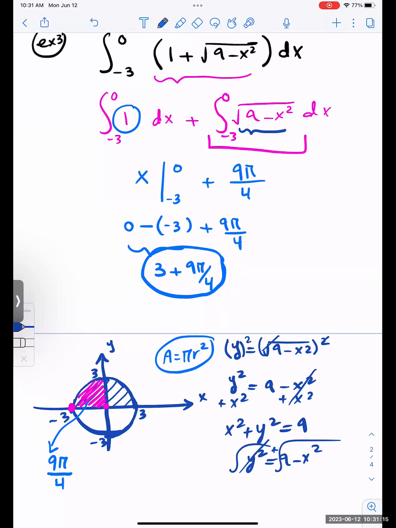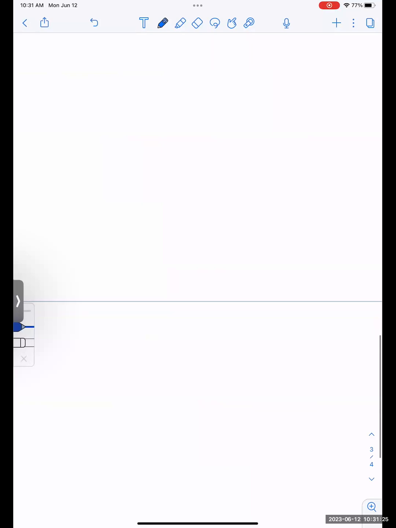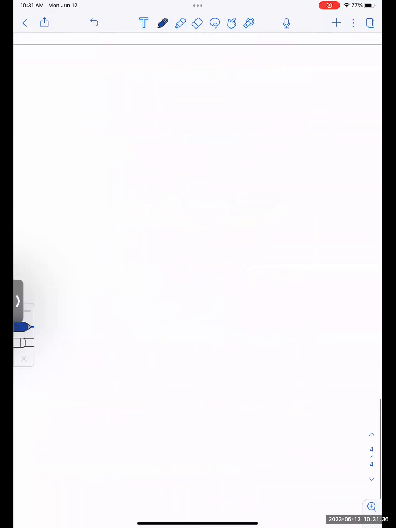So now let's deal with a little bit of U substitution. I just wanted to recall some indefinite integrals. Now let's just do some U sub. Example 4.